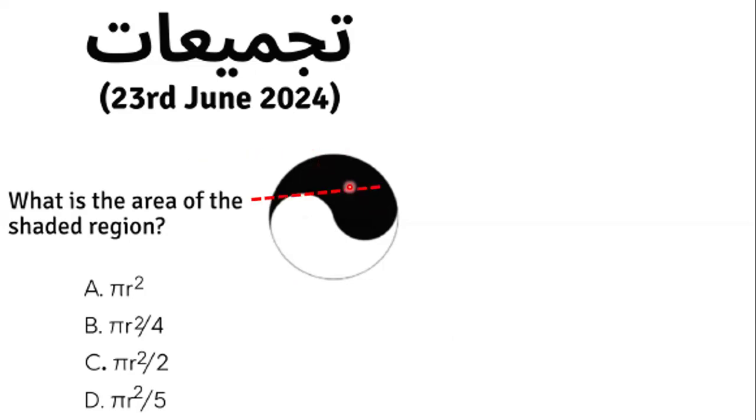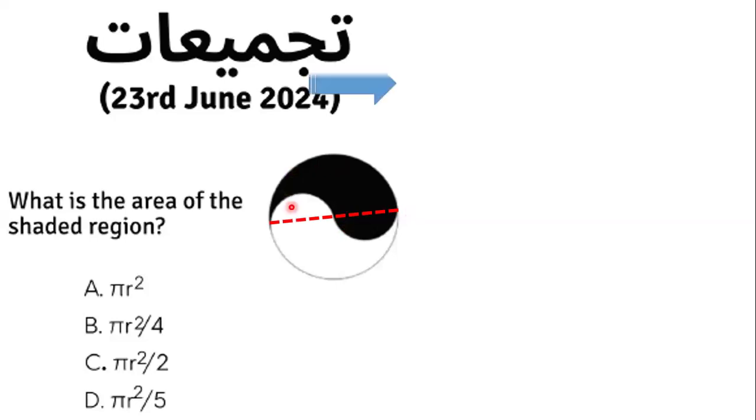Now, here we have this smaller semicircle, and we have another identical semicircle here. These two semicircles are identical, they are the same, they are equal. Therefore, if I cut this part and put it here, this would be a complete semicircle.